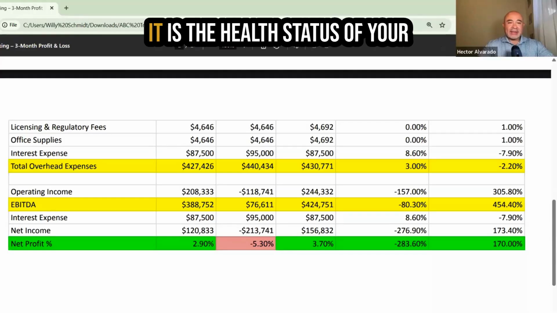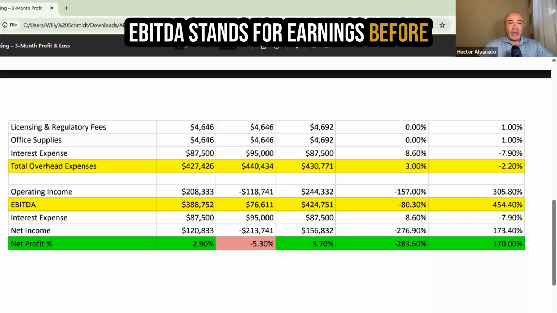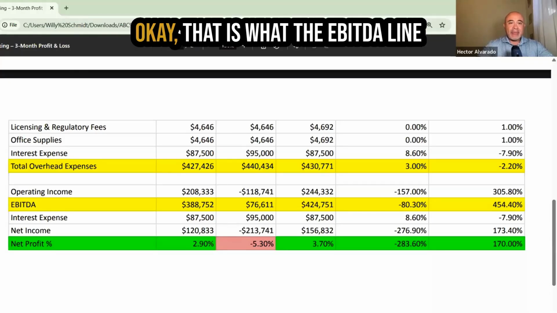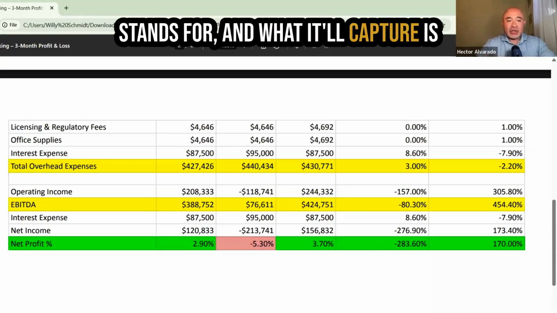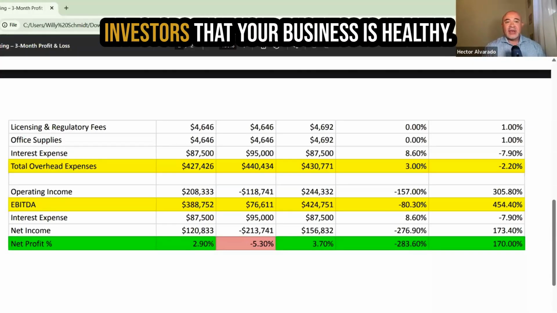That's right. It is the health status of your business. EBITDA stands for earnings before interest, taxes, depreciation. Okay. That is what the EBITDA line stands for. And what it'll capture is all of those activities that will tell investors that your business is healthy.